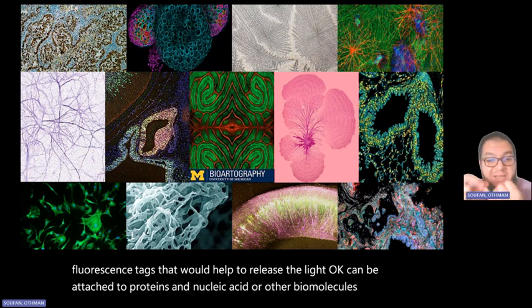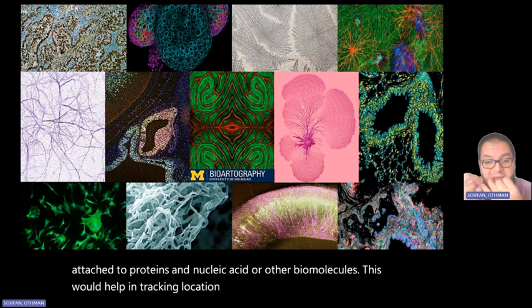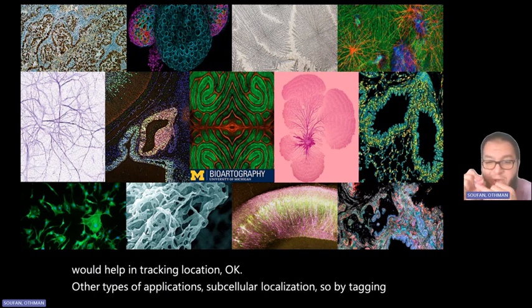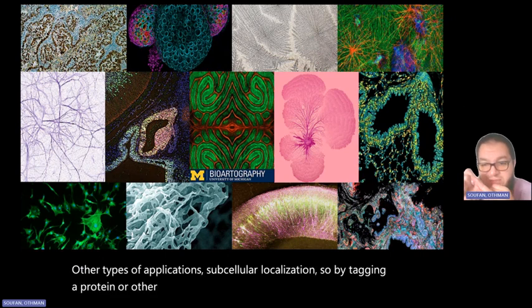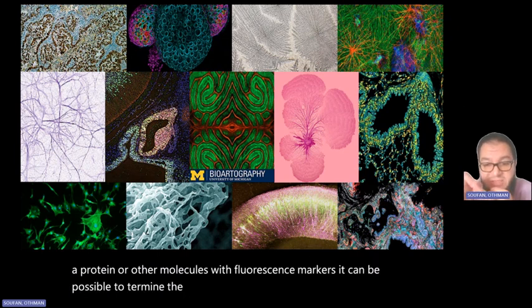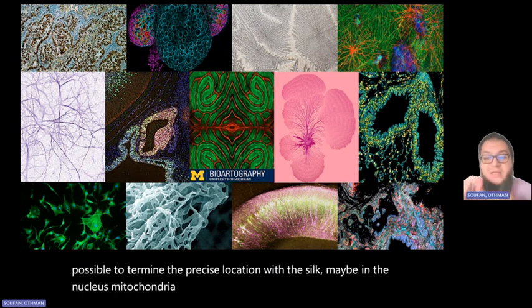This would help in tracking location. Another application is subcellular localization. By tagging a protein or other molecules with fluorescence markers, it can be possible to determine the precise location within the cell, maybe in the nucleus, mitochondria, and so on and so forth.